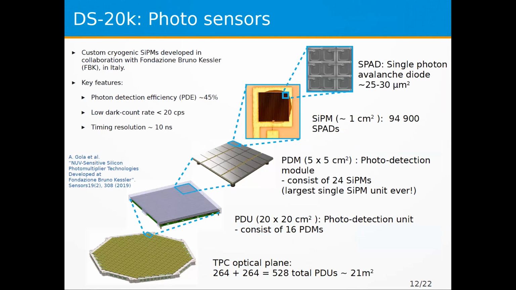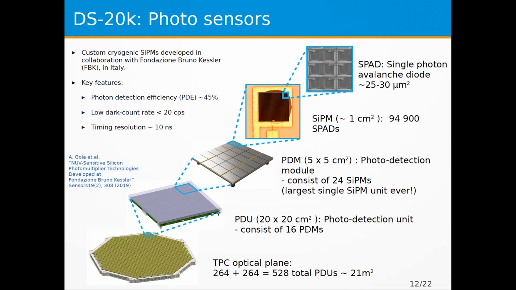So this is the structure of the photosensors that will be used in the DarkSide collaboration. Previously in DarkSide-50, we had typical PMTs, photomultipliers, but in order to have better detection efficiency of around 35%, we switched to SiPMs, and this is more or less how it should look at the end of construction. At the bottom we have the typical TPC optical plane that will view the TPC chamber from top and from bottom.